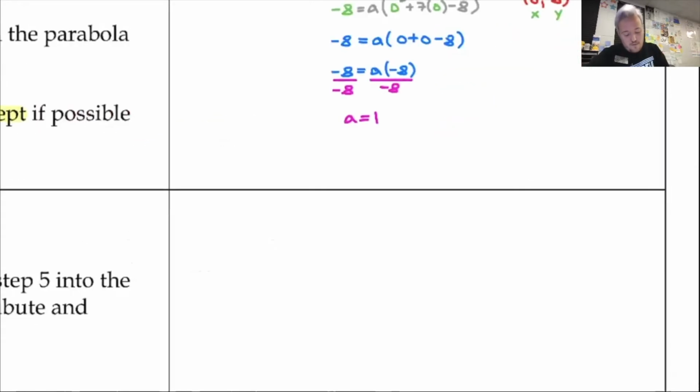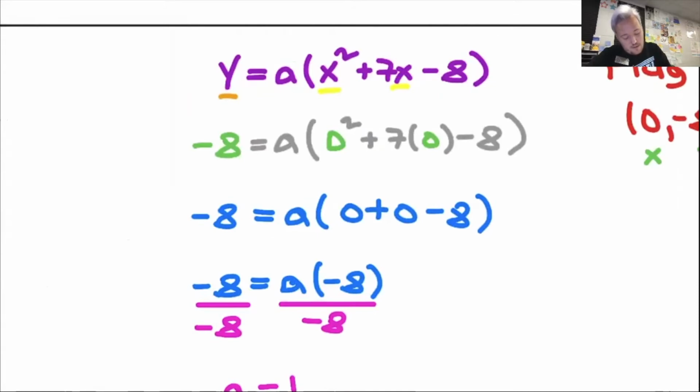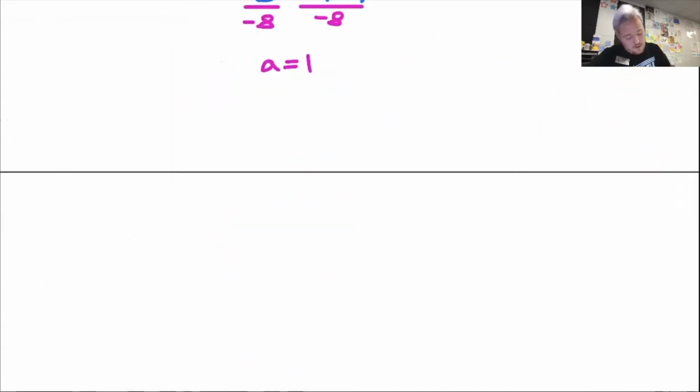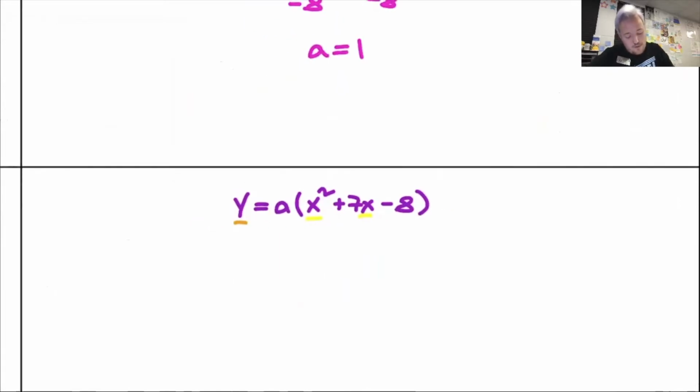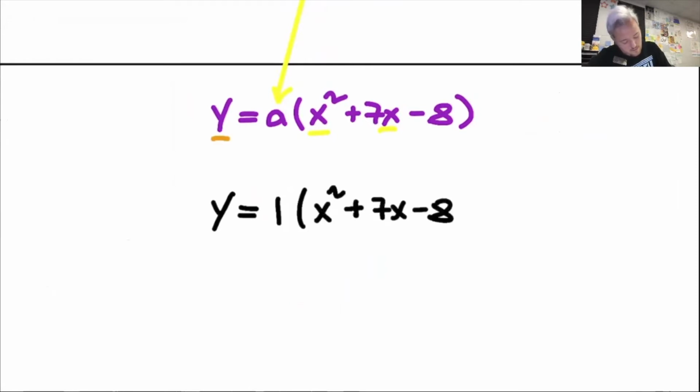So what I'm going to do is I want to take this top line up here. I'm going to write it down here. So I'm going to take that a value that I just found, and I'm plugging it in for a right here. So when I plug in a, we're going to get y equals 1 times x squared plus 7x minus 8.